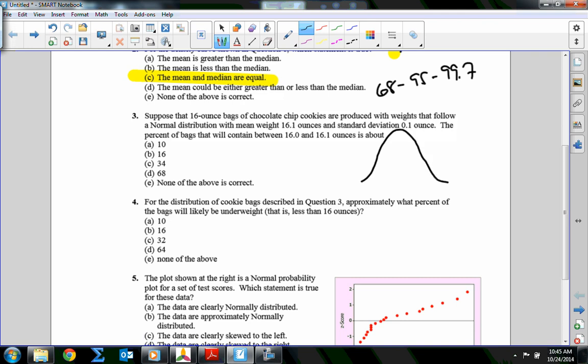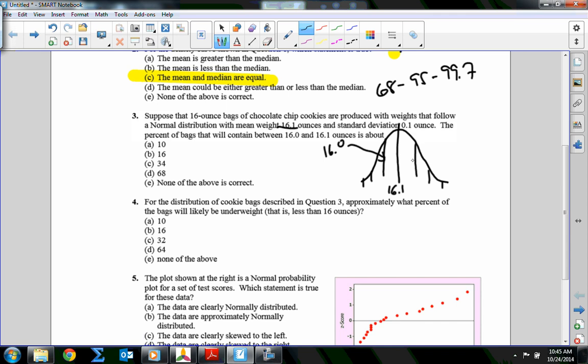So then I'm going to have my mean here, which they told me is 16.1. And then I'll go one standard deviation this way, one standard deviation that way. One standard deviation more that way, one more that way, and so forth and so on. If I were doing this on paper, I would fill in all the numbers. We're going to need that one because that's 16.0.